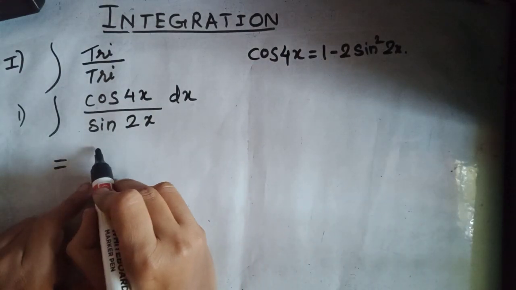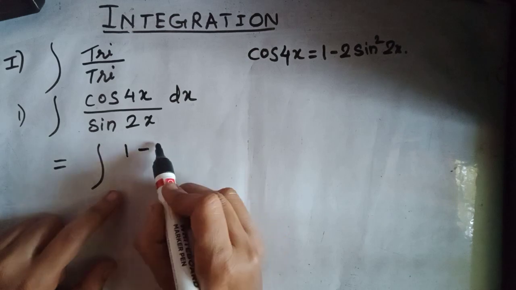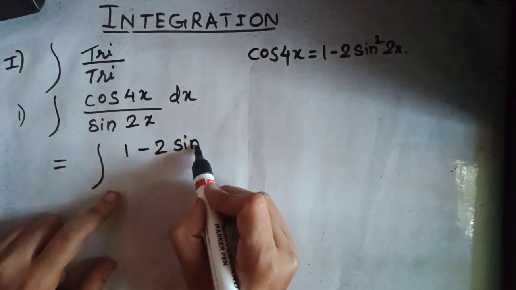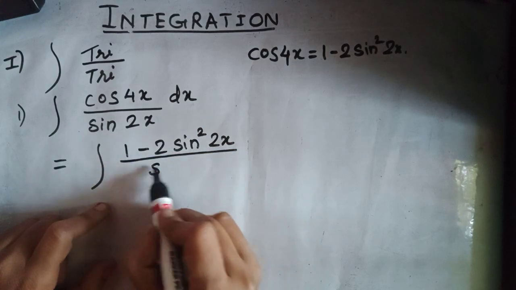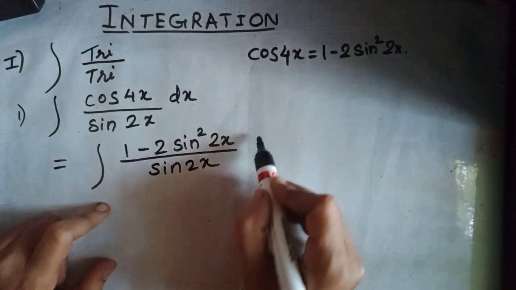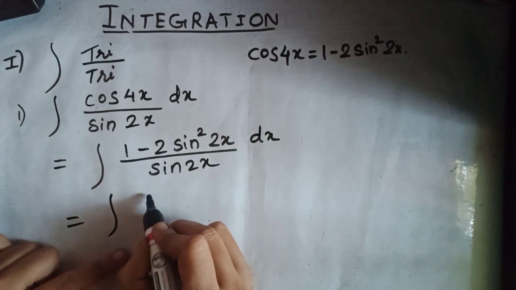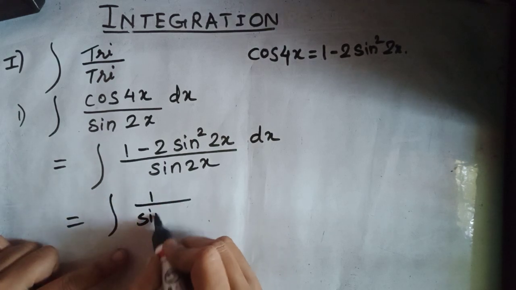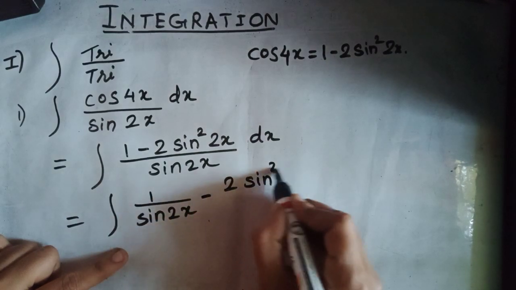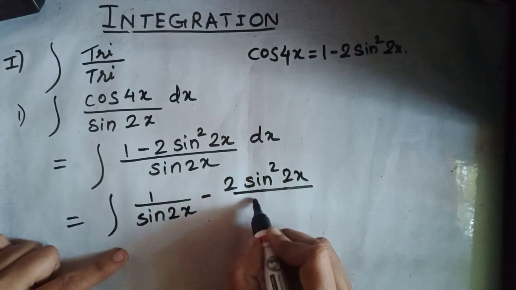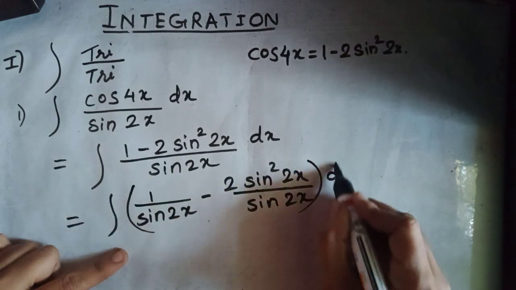So I'm going to write here integral of (1 minus 2 sin square 2x) upon sin 2x dx. Now separate the denominator: 1 upon sin 2x minus 2 sin square 2x upon sin 2x dx.